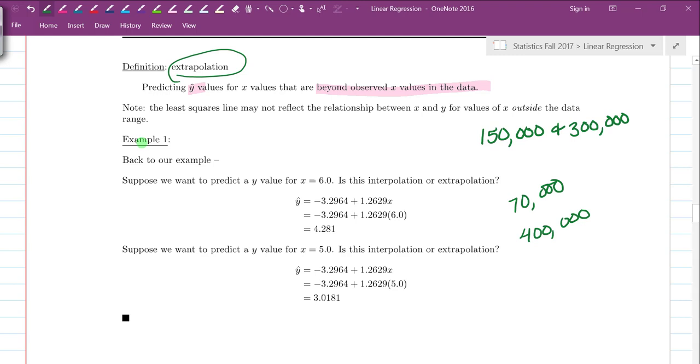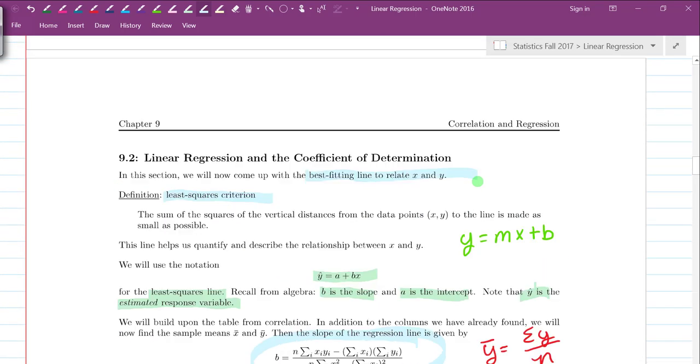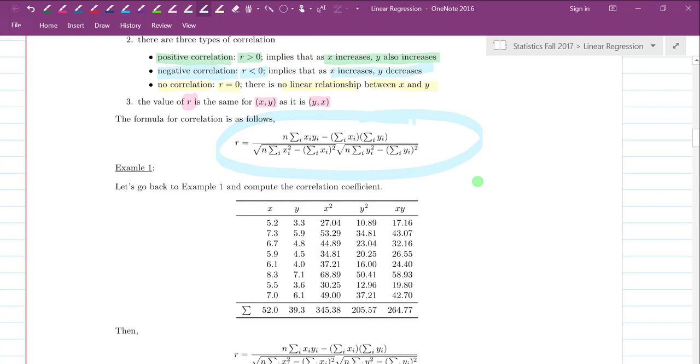So let's go back to our original example right here. It says, suppose we want to predict y for an x value of 6. Is 6 an interpolation or an extrapolation? Let's go back up. Here are all of my x's. Well, there's a number 5.2, which is below 6.